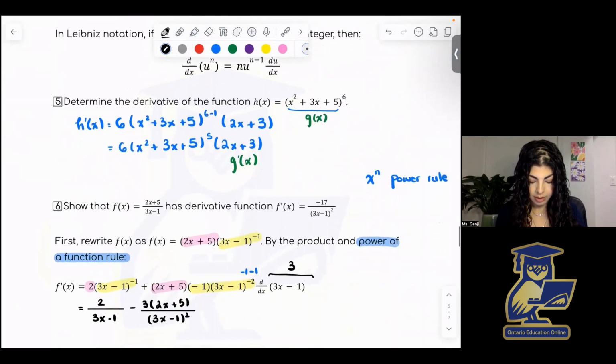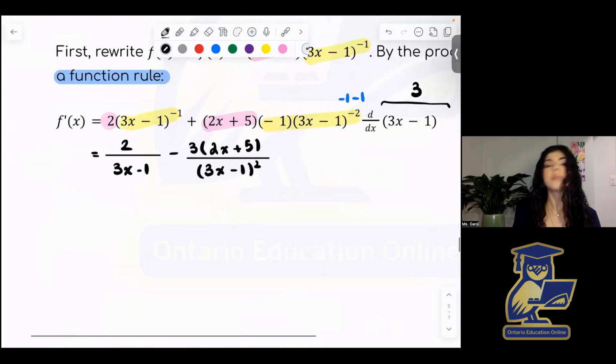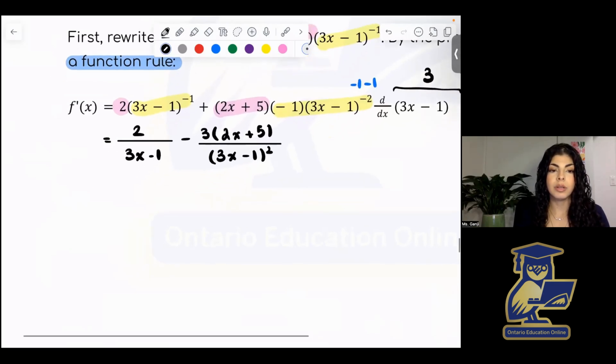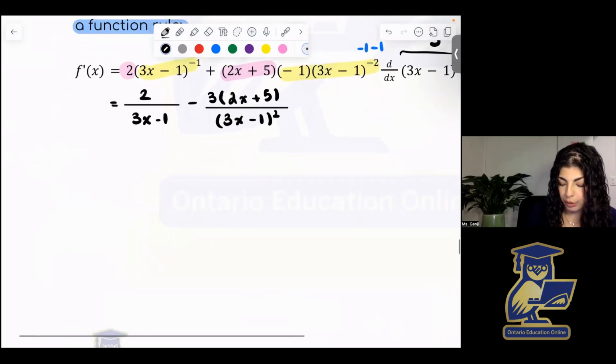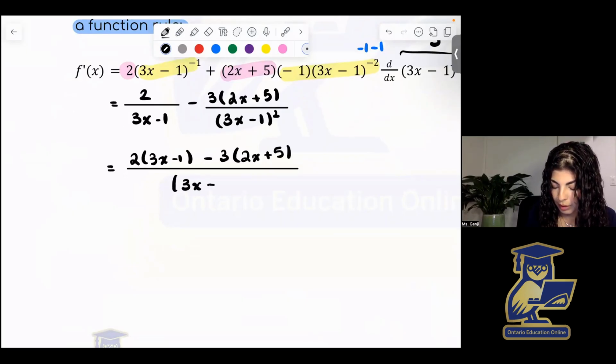And you can leave this as what we have right now, but if you want to go an extra step, we can write this as 3x minus 1 minus 3 times 2x plus 5 over 3x minus 1 squared.